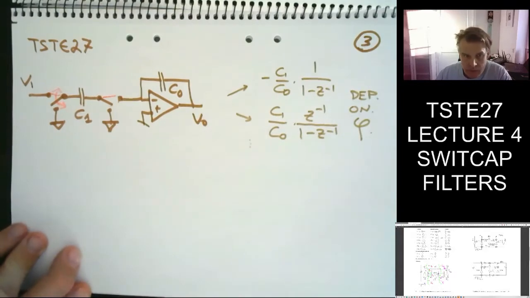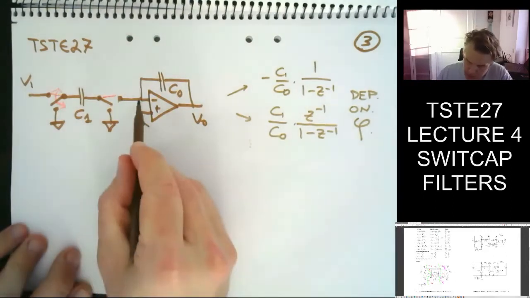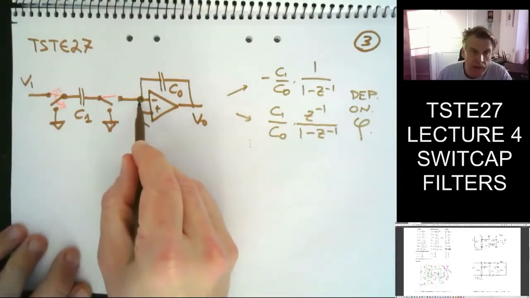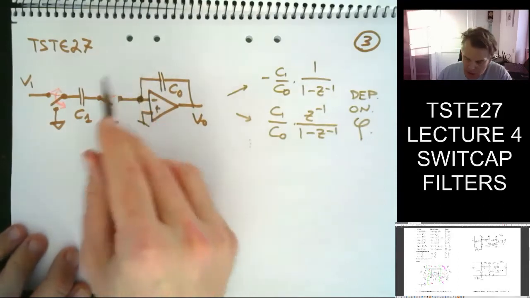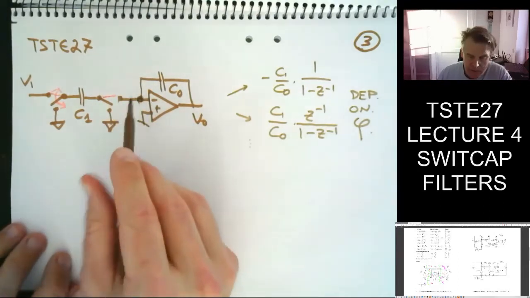Further on, it's quite easy to also perform addition. So I can pick this particular node. That's the key node to the whole enchilada. That's where I sum up all the currents.